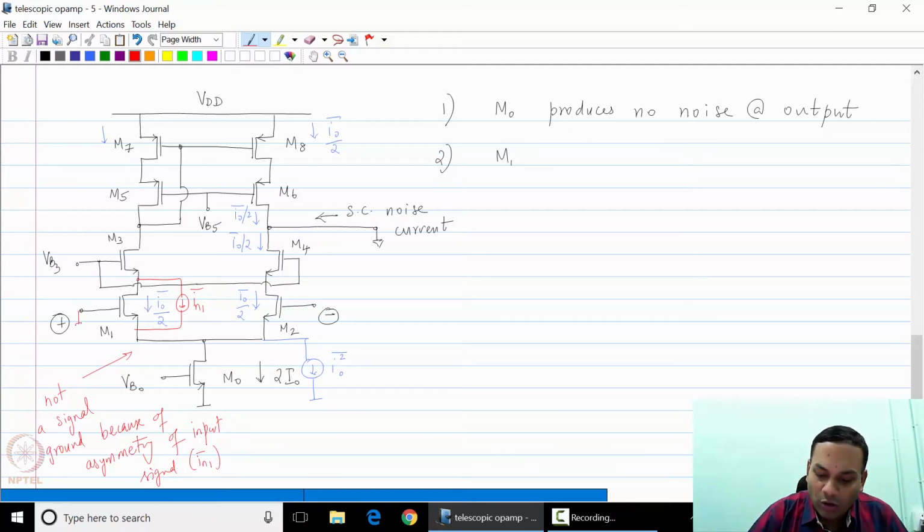We are going to ground the gates of M1 and M2. As you can see, as far as the signal is concerned, which is IN1 in this case, the circuit no longer has a line of symmetry, and therefore you cannot consider the circuit to be symmetric on both sides. The way we shall approach this problem is the same as before.